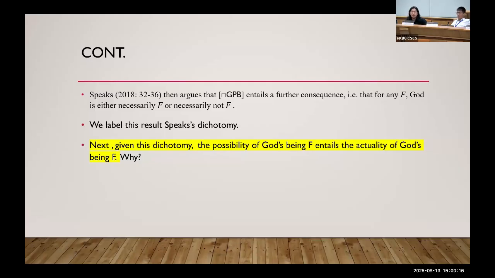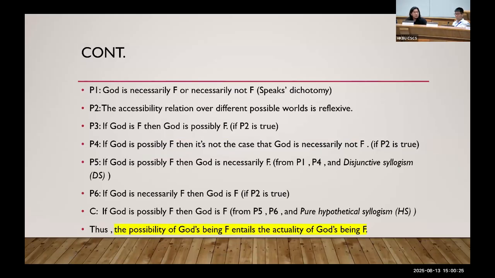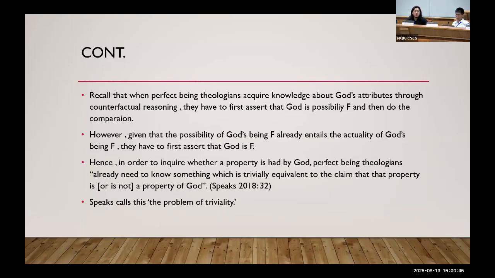Next, Speaks argues that, given this dichotomy, the possibility of God's being F entails the actuality of God's being F. The proof can be put as follows. We can just assume the accessibility relation over different possible worlds is reflexive, and then we can derive the result as this shows. So when perfect being theologians acquire knowledge about God's properties through counterfactual reasoning, they have to first assert that God is possibly F and then do the comparison.